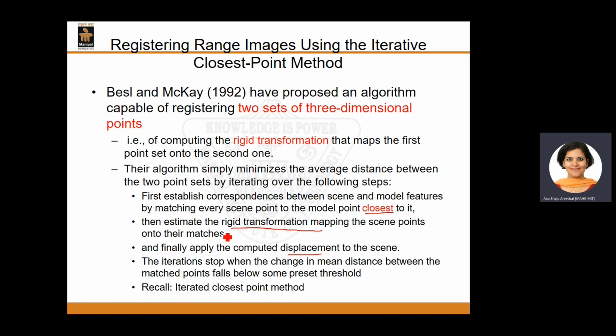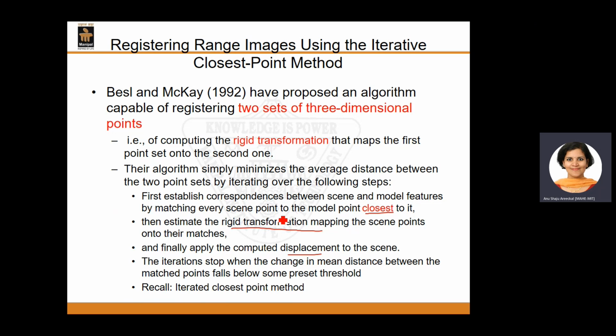So this basic concept of ICP, the process of trying to find out which are the closest points, then finding the mapping of the rigid transformation, calculating the error and then repeating the whole process again, is the same as earlier.